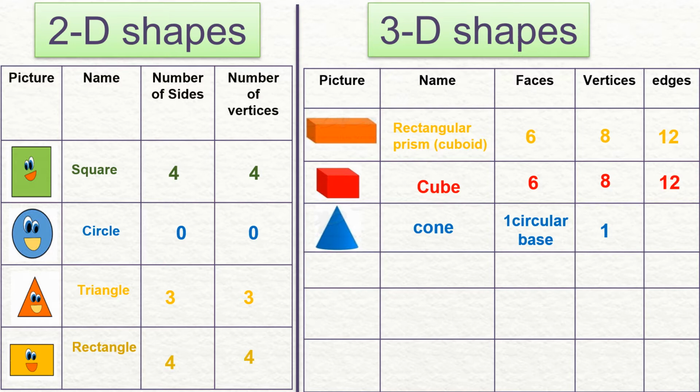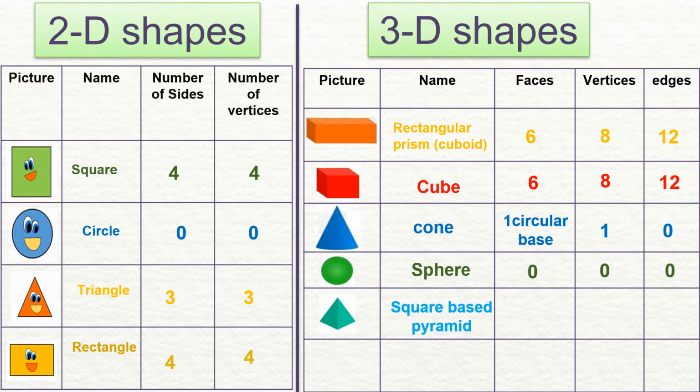And what about edges? 0 edges. Then we have sphere. The sphere has 0 faces, 0 vertices, and 0 edges. We can call it Mr. Zero.